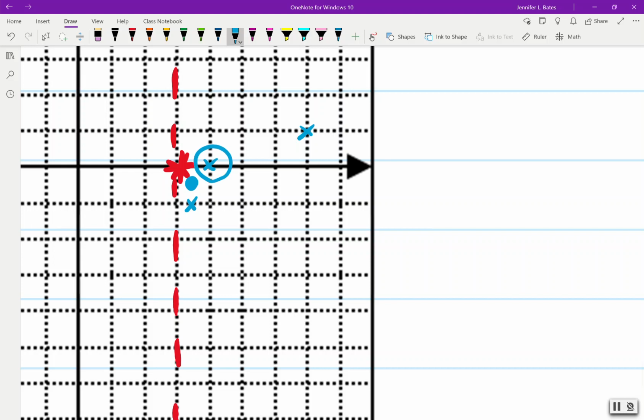Show me on your hand. Very good, it is 0 tall because it's sitting on the x-axis. 0 times a half is 0, so it stays. The next point right here, how tall is it based on the x-axis? Show me on your hand. It's 1 tall. 1 times a half is 1/2, so we're going to bring it to 1/2.